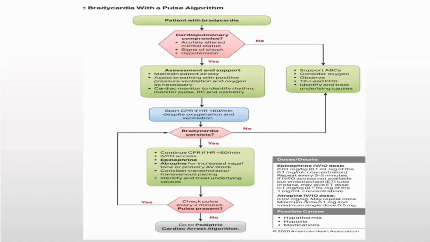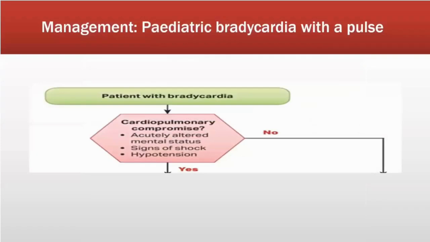So let's discuss managing pediatric bradycardia. This is the algorithm which we'll go through. Step 1, does the patient have bradycardia? If the patient presents with bradycardia, you want to assess for cardiopulmonary compromise. Does this child present with hypotension, an acute mental status change, or any signs of shock?